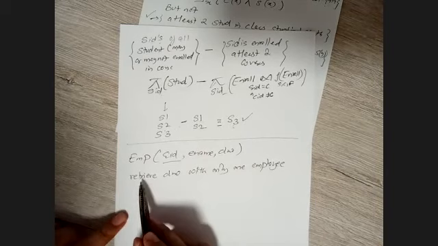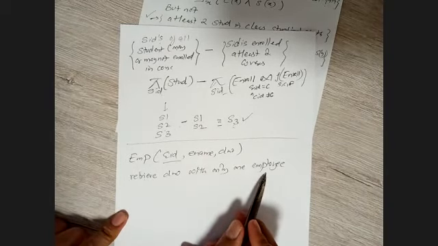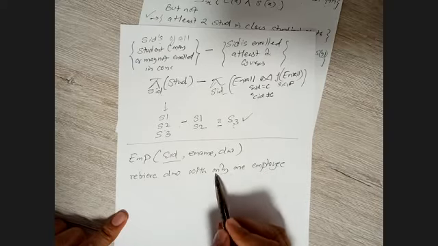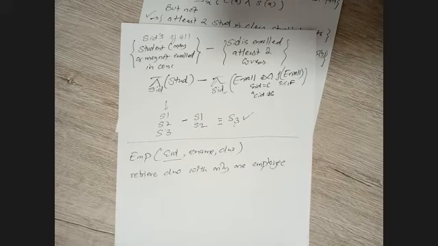We need to retrieve the department numbers which have only one employee. So what will you do? Only one, right? You should be able to write the query for this one now. Probably you can pause and try on your own, and let's see if you are able to answer this one.